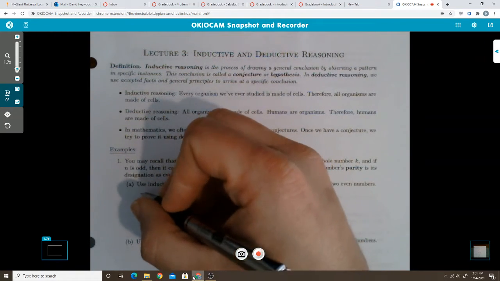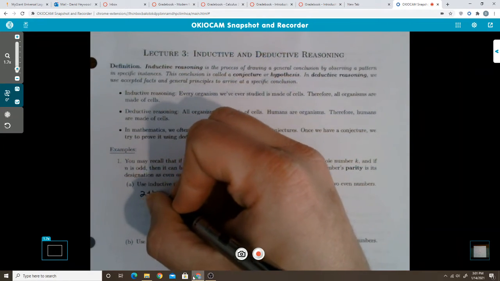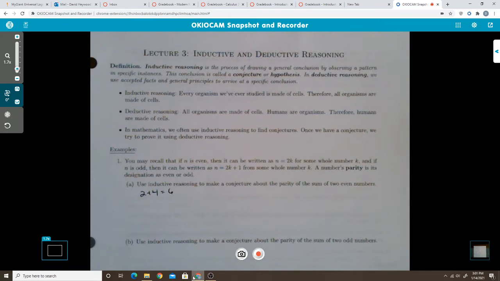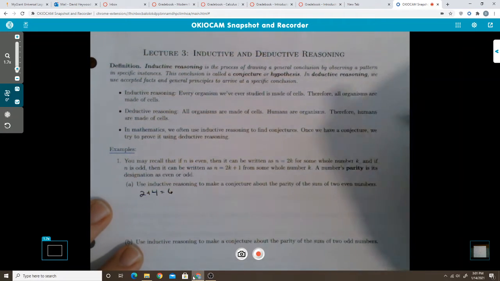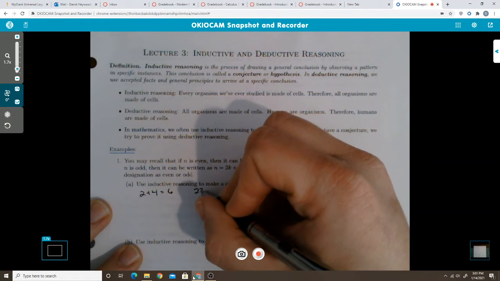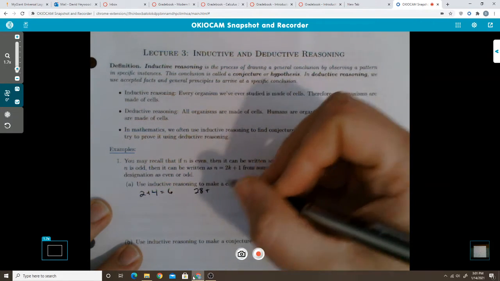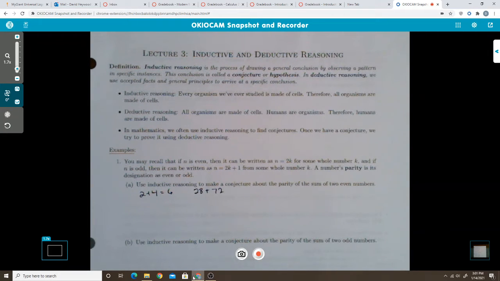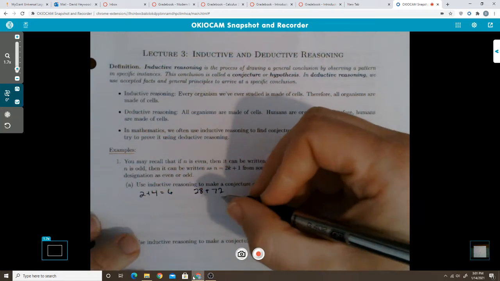I could start with like 2 plus 4, right? 2 plus 4 equals 6. Okay, so let's try something a little bigger. Let's try like 28 plus 72. So what's 28 plus 72? 28 plus 72 is 100.